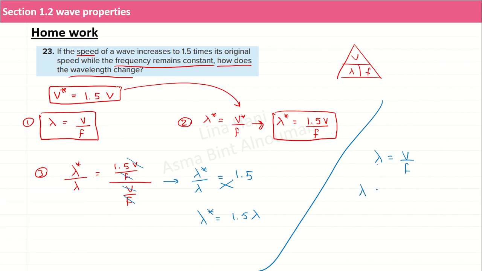The new wavelength is 1.5 v divided by f. Now this right here is the old lambda, the old wavelength. So the new wavelength is equal to 1.5 multiplied by the old wavelength. Another way to find the same answer. Great.